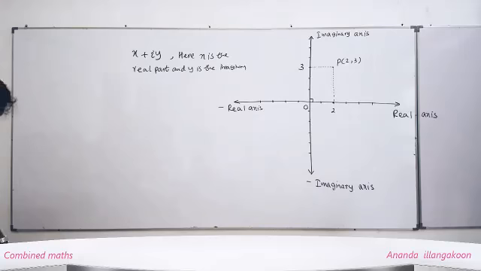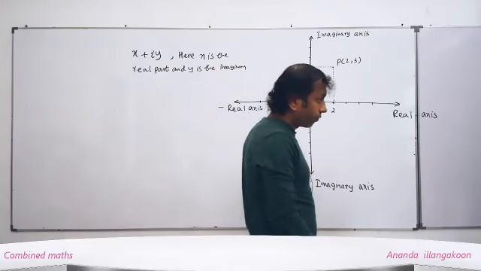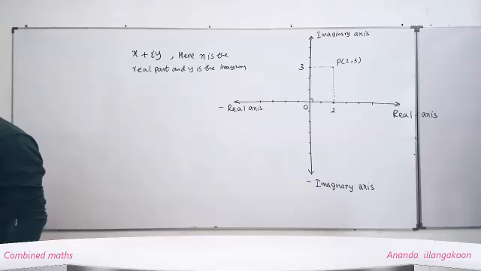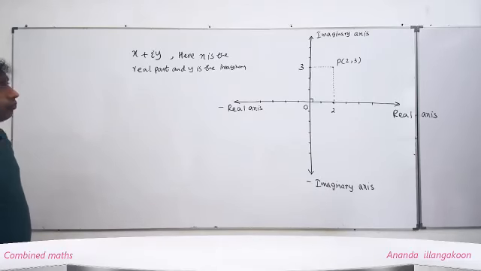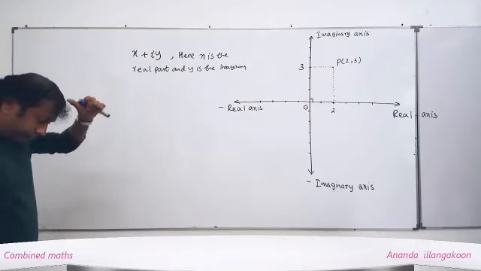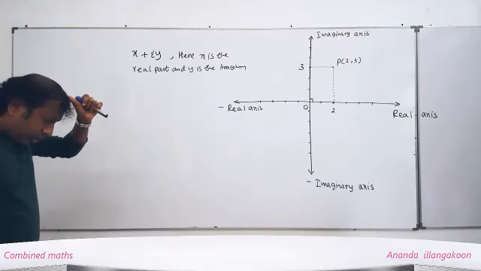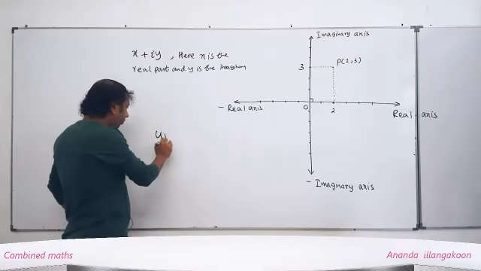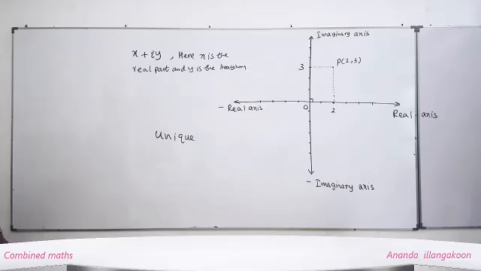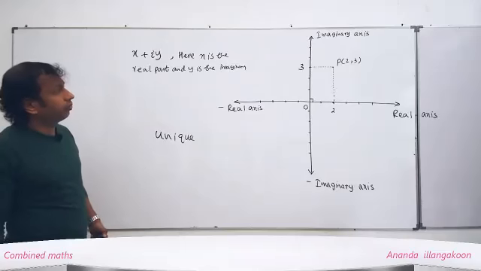In this way, for every point on the Argand plane, there is a unique complex number.